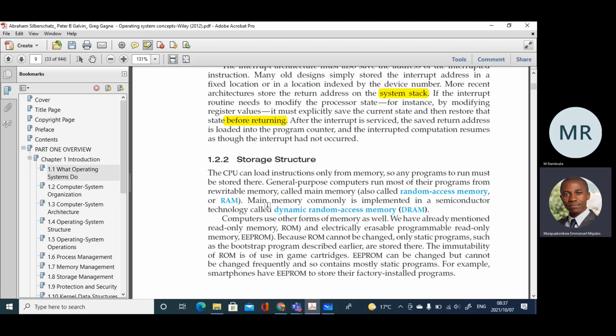Computers use other forms of memory as well. We have already mentioned read-only memory, ROM, EEPROM, of course, because ROM cannot be changed and it's loaded once and that's it. Only static programs will be stored in ROM. And these include basically your bootstrap program.